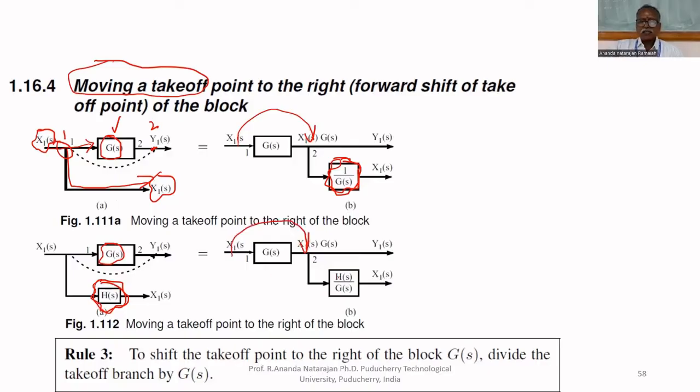While moving that, here it is amplified by G of S. I want to nullify the effect of G of S. That's why I am dividing this by G of S. That's all. This is possible in the frequency domain only. In the time domain, you have to do a convolution integral.